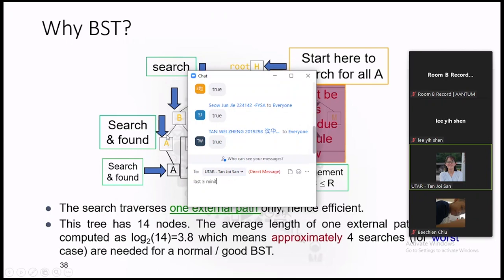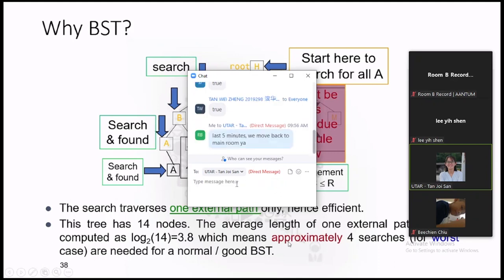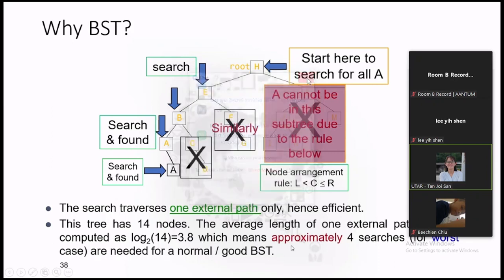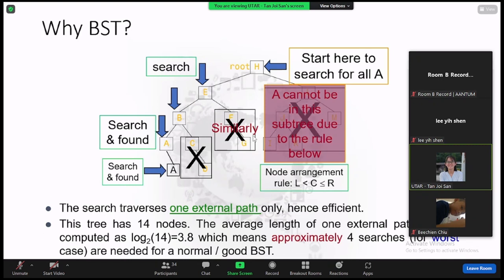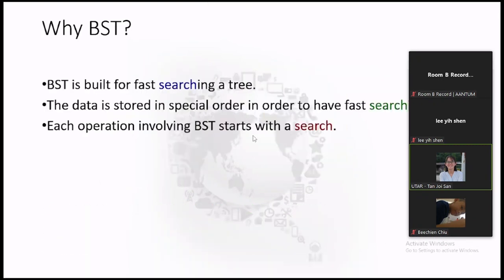So how many searches? 4 searches, where you can actually save the time to be log 2 of 14, which is about 3.2. So it is actually a good binary search tree.